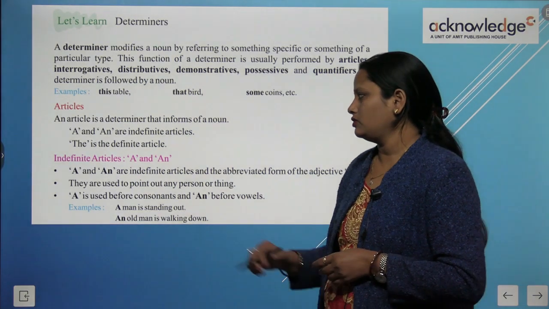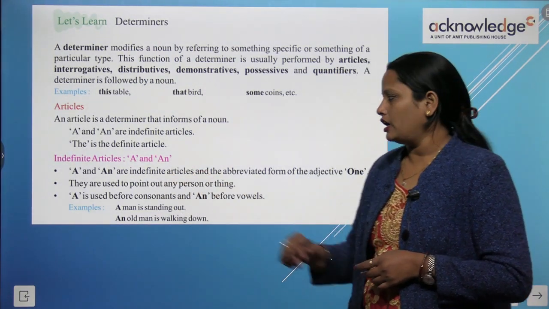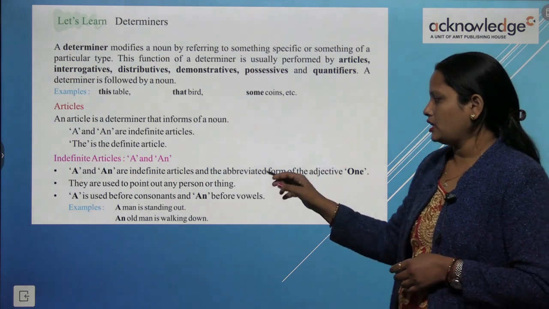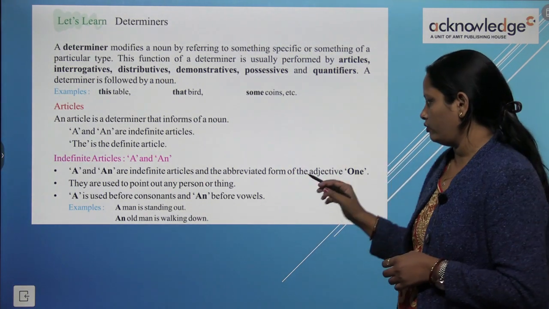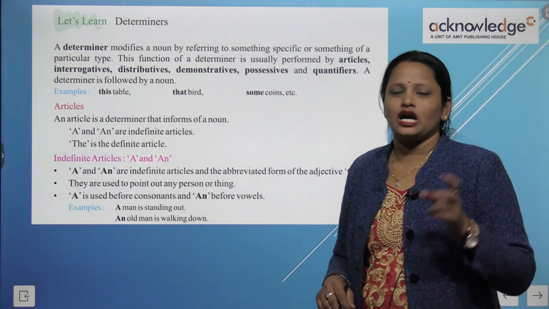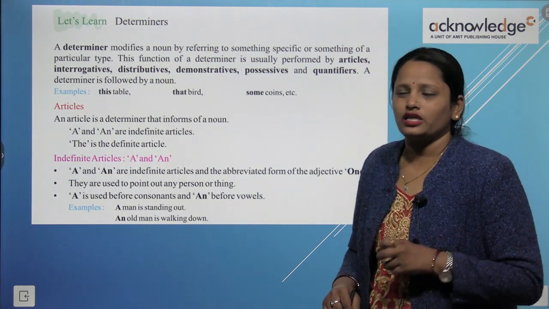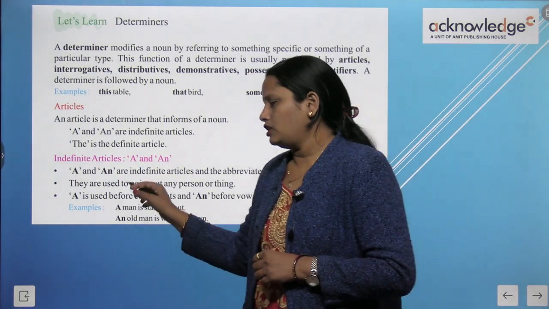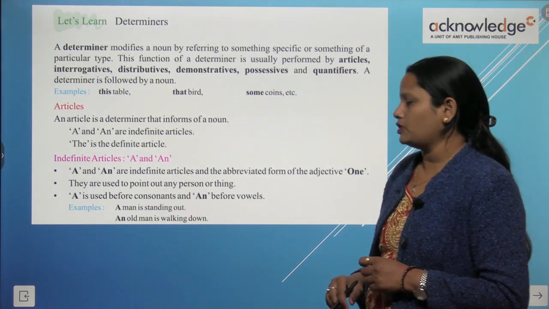Indefinite articles, a and an. Let's read about them. A and an are indefinite articles and are the abbreviated form of the adjective one. So a और an हम हमेशा quantity wise one के साथ ही लगाते हैं. They are used to point out any person or thing.